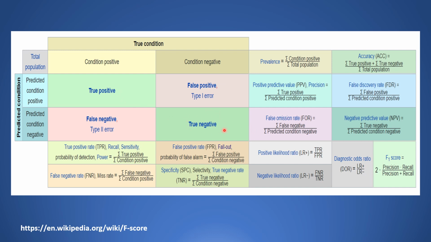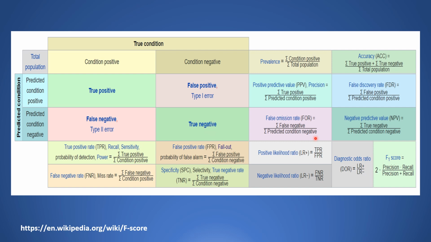Okay. Now this is with respect to the positive class. Now with respect to the negative class, what kind of measures do we have? So we have specificity, which is the true negative rate, which is nothing but the sum of true negatives divided by the sum of condition negative. So the sum of condition negative is nothing but the sum of false positives plus the sum of true negatives. Okay, so this is like the recall for the negative class.